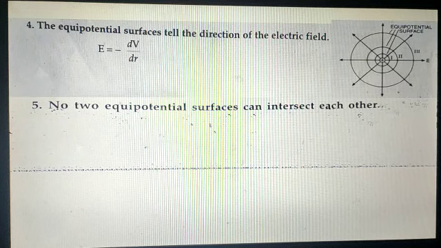Now at the point of intersection, there will naturally be two potentials, one for the first surface which is VA, another for the second equipotential surface which is VB, and that is not possible. At the same point we cannot have two potentials. So that means equipotential surfaces will never intersect each other.